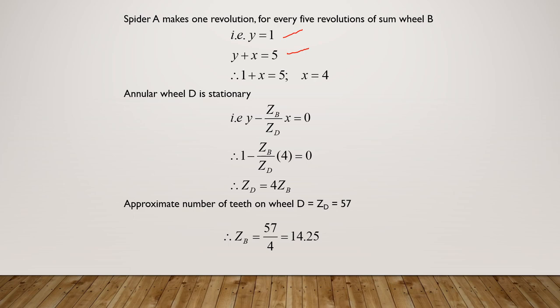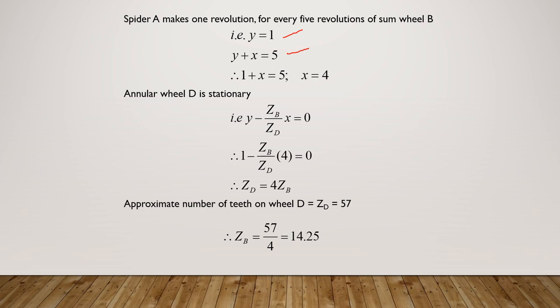Now the second part given in the question is that wheel D is stationary, wheel D is fixed. What is the meaning of fixed? It doesn't have any motion. So in the tabular column we got the equation y minus ZB by ZD into x. That is the equation we got for gear D. Now equate that equation to 0, since it is fixed. Substitute the values.